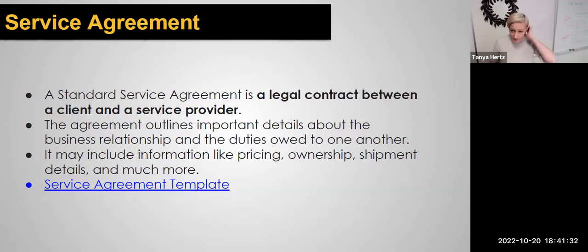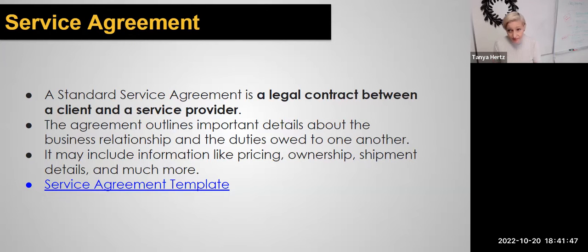However, there are sometimes when you do have some pretty standard legal contracts that you need to fulfill, and a lot of them are service agreements. So a standard service agreement is a legal contract between the client and the service provider.